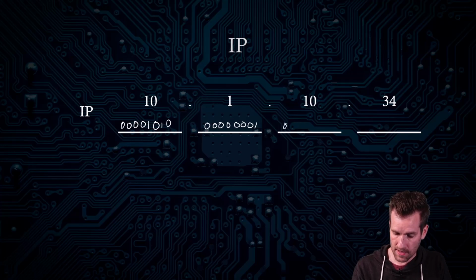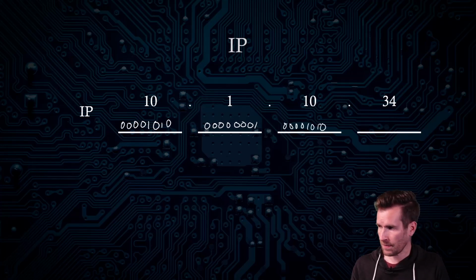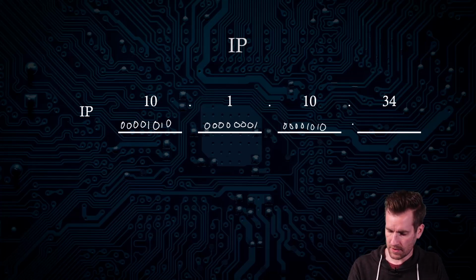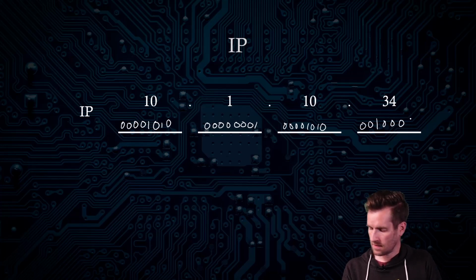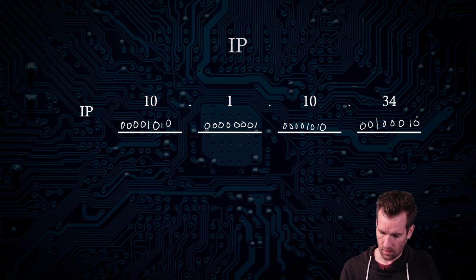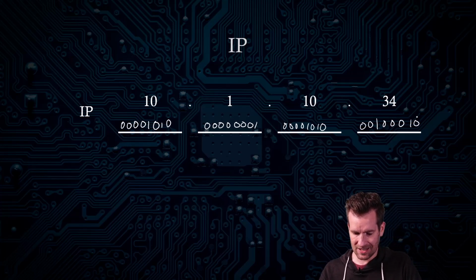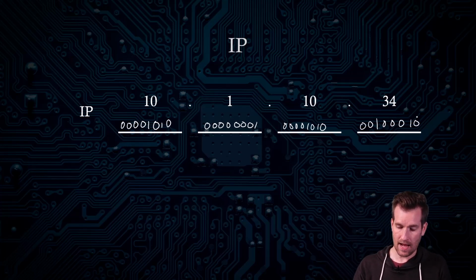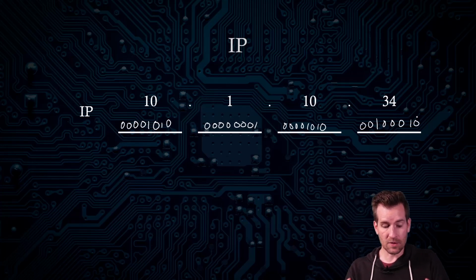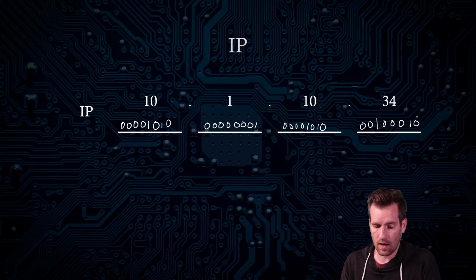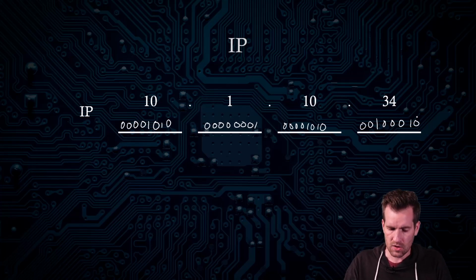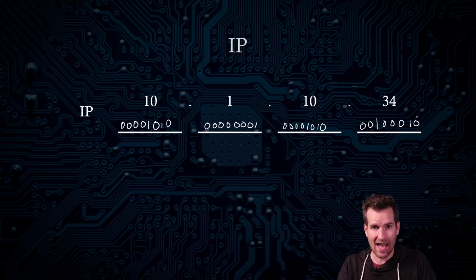And this would repeat 0, 0, 0, 0, 1, 0, 1, 0. And 34 would be represented by 0, 0, 1, 0, 0, 0, 1, 0. Let's see, is that enough digits there? 2, 4, 6, 8. Yes. Okay. So that is the binary equivalent to 10.1.10.34. So that is an IP address.